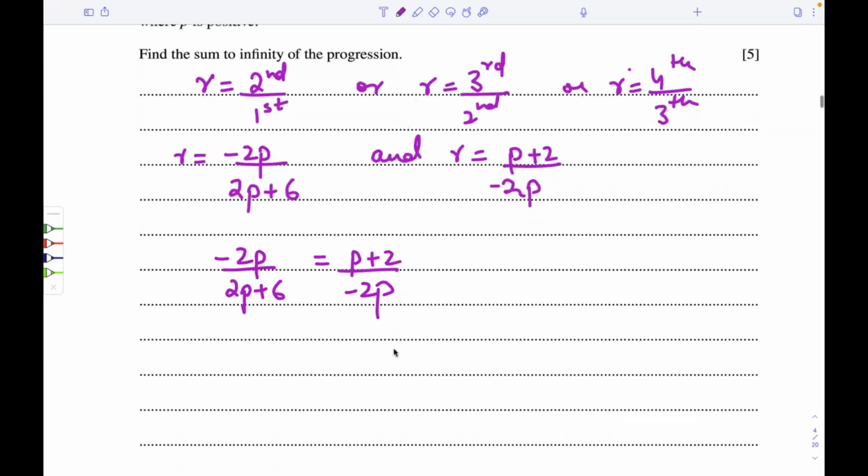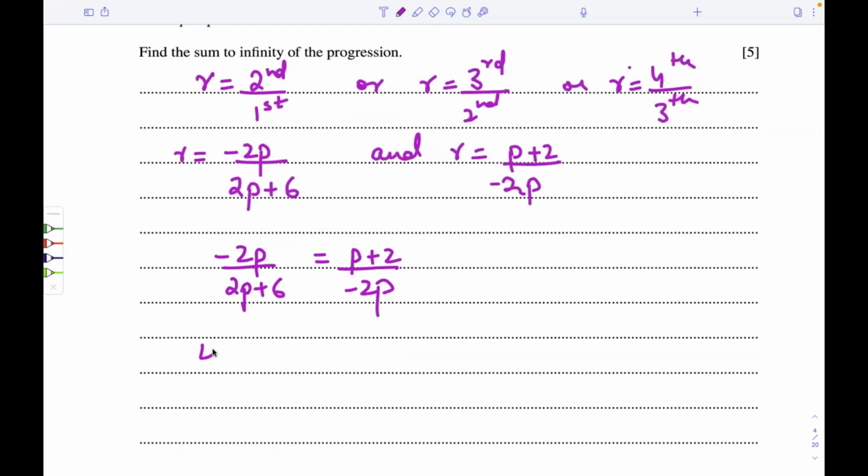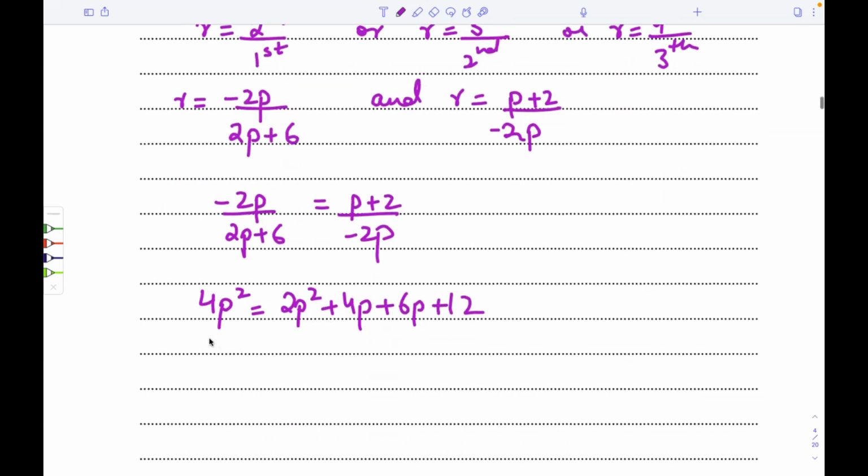So solving this, we get −2p times −2p, which is 4p squared. (2p + 6) multiplied by (p + 2) would become 2p squared + 4p + 6p + 12. Simplifying this, 4p squared − 2p squared is 2p squared, 4p + 6p is 10p, so this will become 2p squared − 10p − 12 = 0.